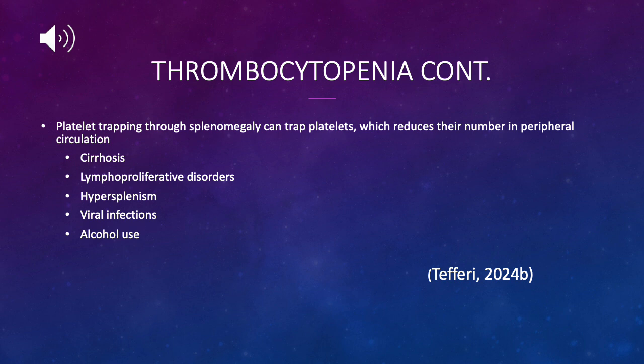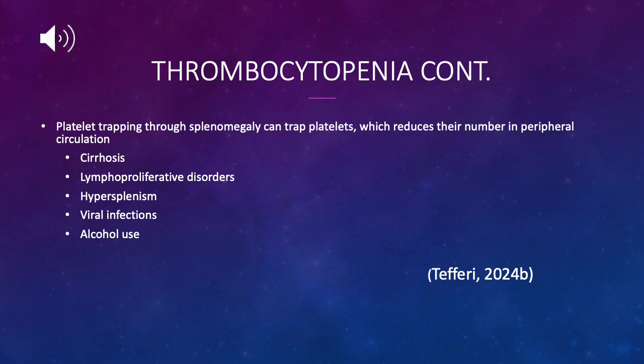In hypersplenism, it's essentially just a condition where there's an overactivity of the spleen, which leads to the excessive removal of those platelets from the peripheral circulation. Again, removing your body's ability to clot blood.